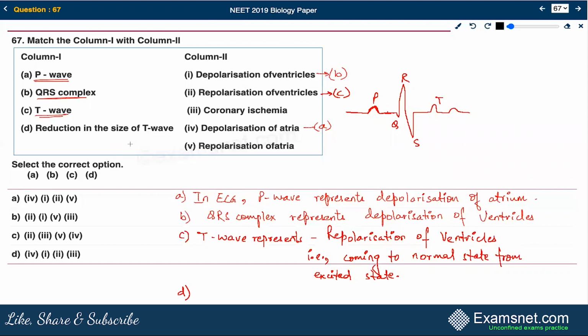So definitely the reduction in the size of the T wave is an indicator of coronary ischemia. And coronary ischemia is basically a kind of disorder in which there is insufficient supply of oxygen in the body.